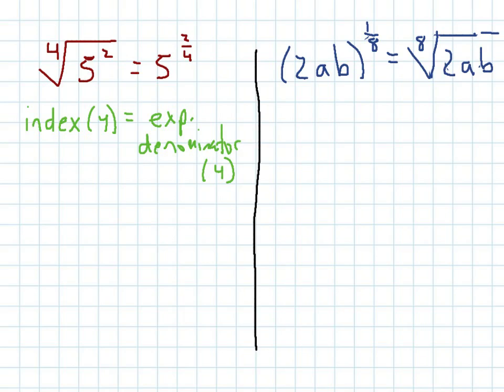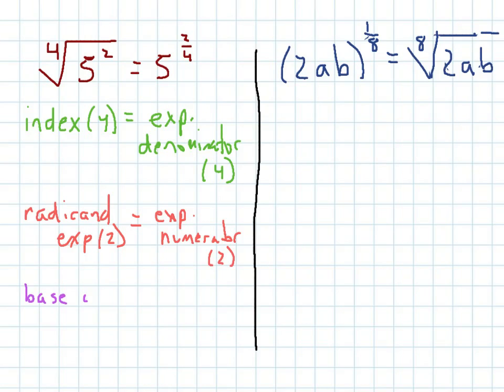Then I've got the radicand exponent of 2 equals the exponent numerator of 2, and we have the base of the radicand, 5, equals the base on the other side.